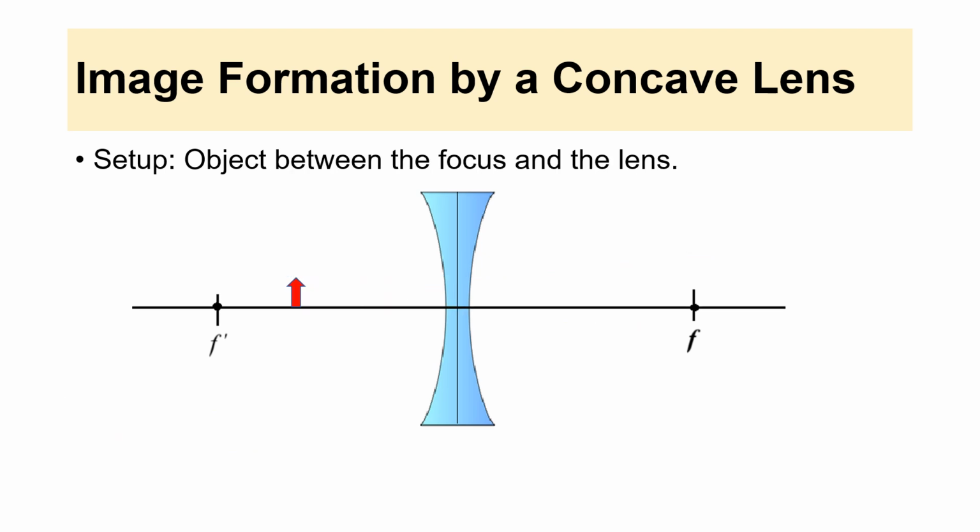So what if we're going to place the object nearer to the lens? Again, same step, draw a parallel ray. It will diverge from the focus. Another ray from the tip, allow it to pass through the optical center. Okay, so we can find the intersection point here. So we're going to draw the image there.